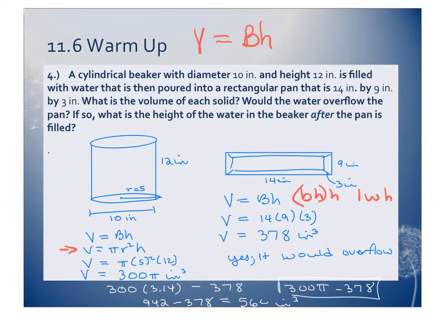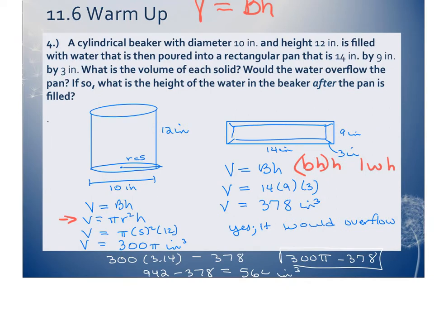So the volume of the cylinder is 300 pi. Now, if they ask you to actually do the problem, then I would have to multiply 300 times pi. Let's say I just use 3.14, that would give me about 942. So obviously this cylinder is going to hold a lot more.